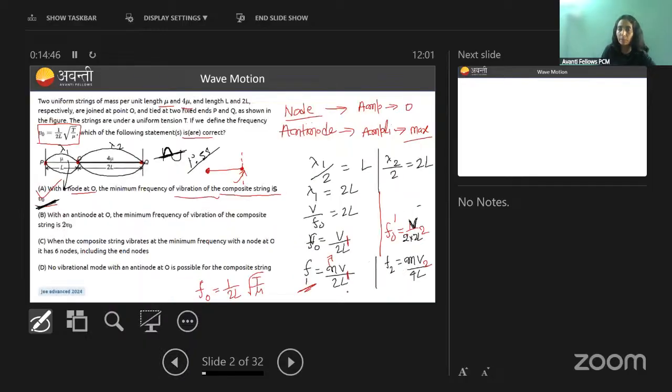For that we got the minimum frequency as what? Mu naught, right?